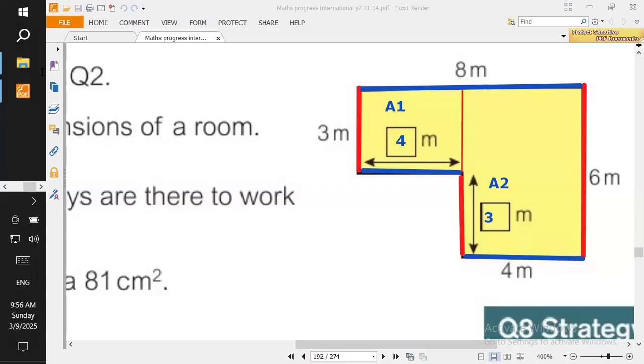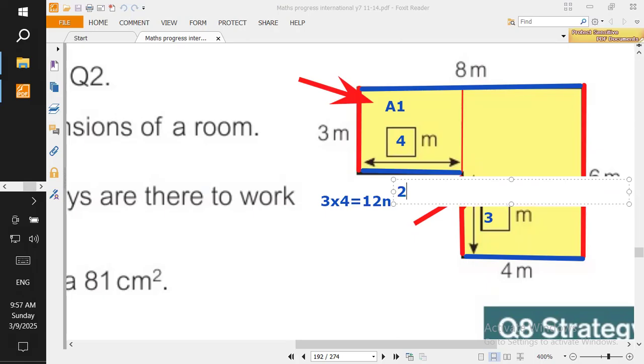So, to find the area of the parts, I have to multiply the width by the length. So let's find A1 and then find A2. So, first, A1, I have a width of 4 and a length of 3. So the area of A1 is 3 times 4, which is 12, and the unit is meters, so meters squared.